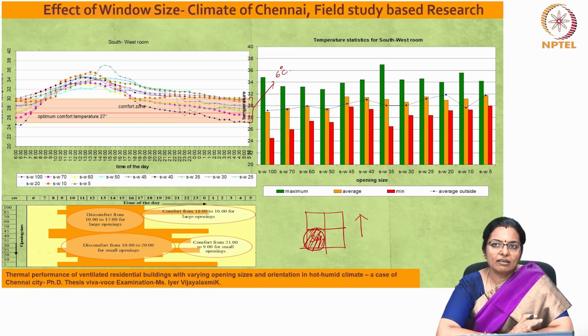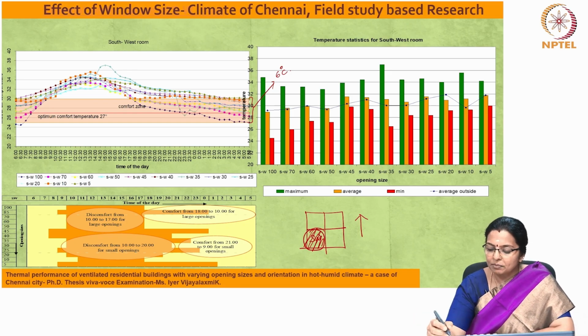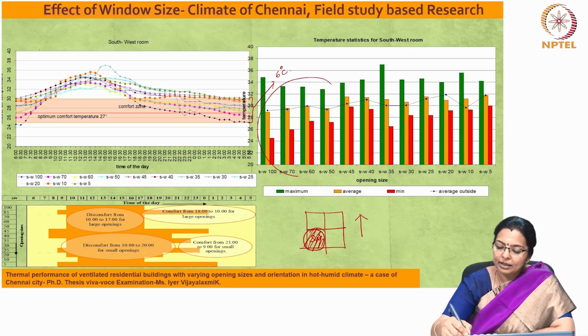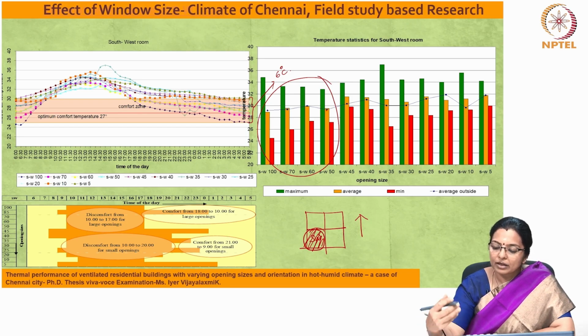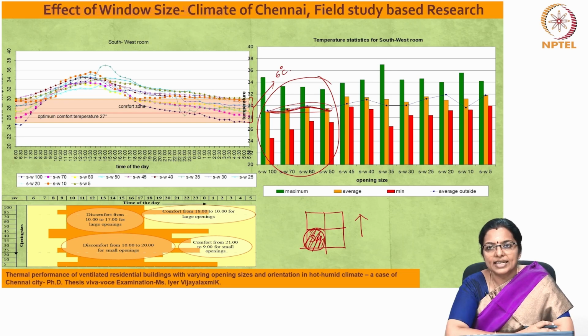So, the indoor average temperature follows the outdoor average for large openings. When opening sizes are 100% to 50%, the average temperature of the room follows the trend of the outdoor average temperature, but as the opening size decreases from 45% to 25%, the indoor averages are higher than the outdoor average.